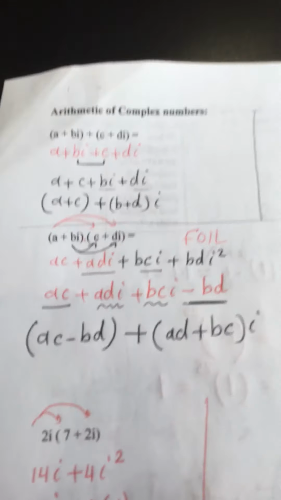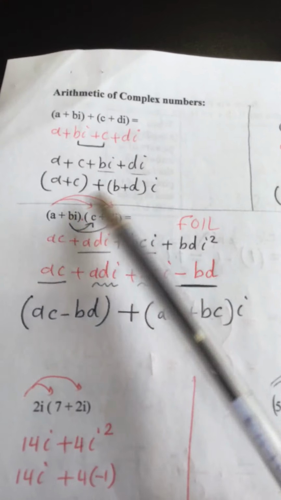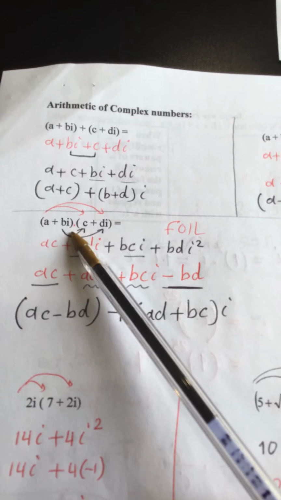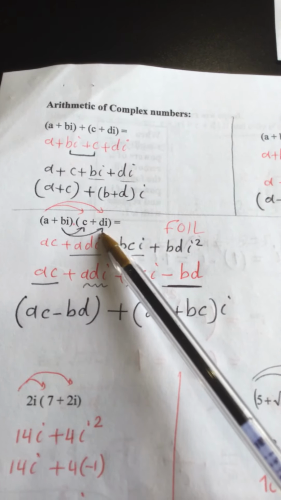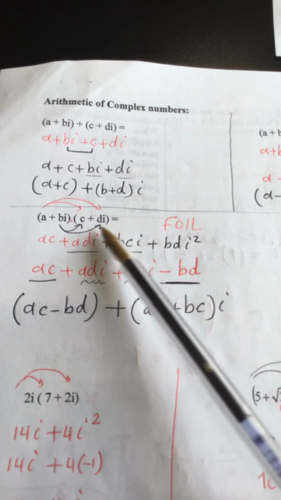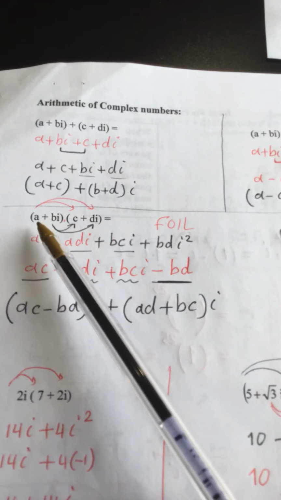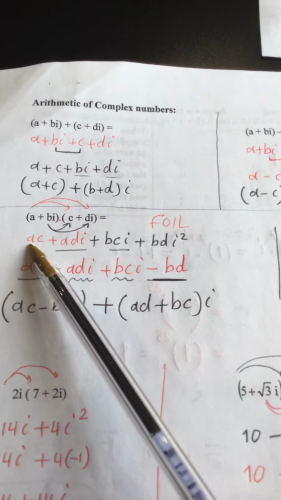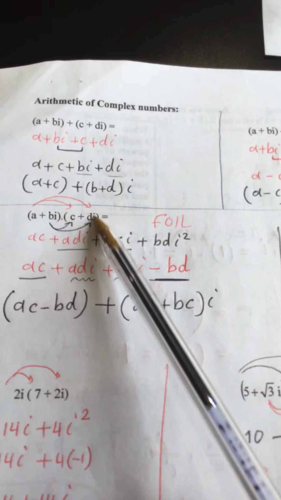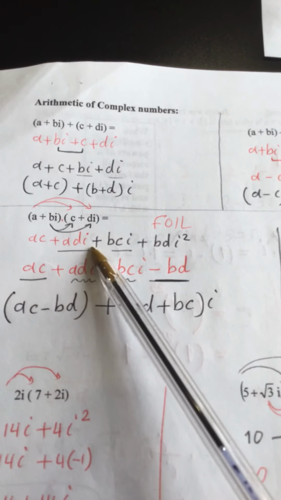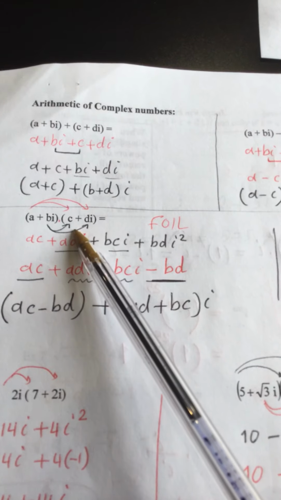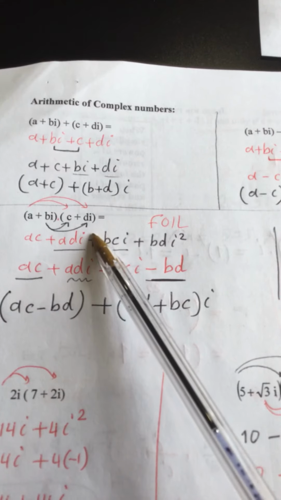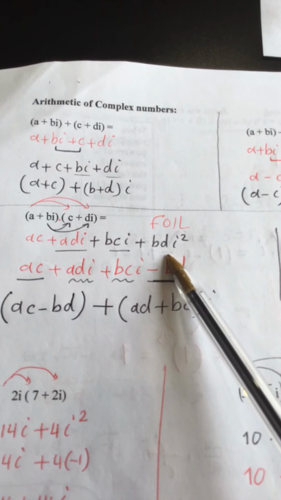To multiply two complex numbers, the first one is a plus bi times the second one, which is c plus di. To multiply two complex numbers, use the FOIL method. The first product, a times c, is ac. a times di is adi. bi times c is bci. Then bi times di is bd i squared.